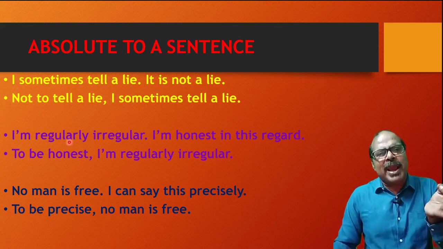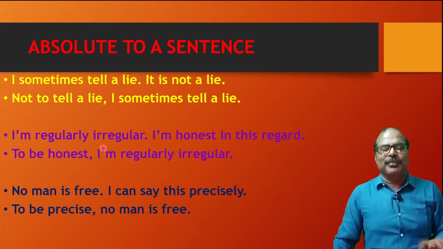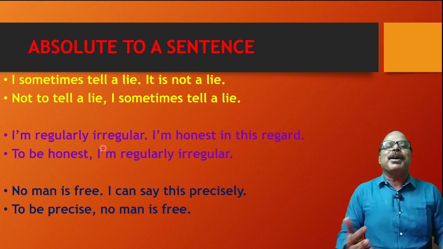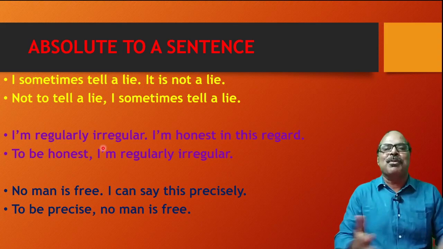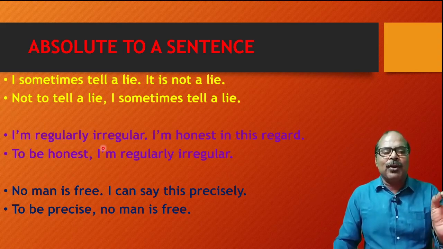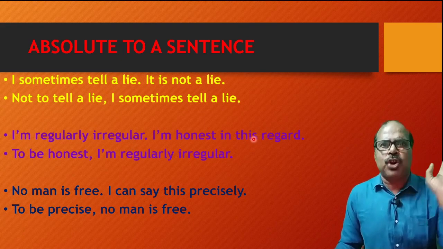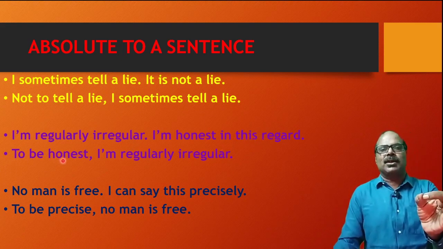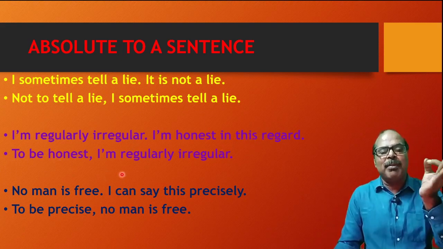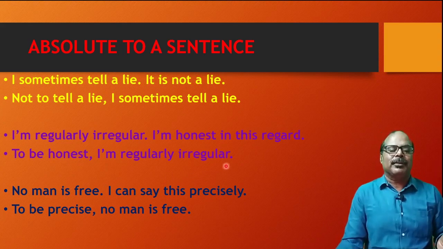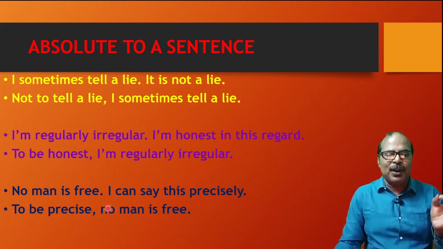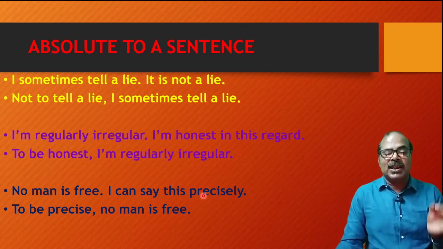Again, I am regularly irregular, oxymoron, regularly irregular, আমি নিয়মিতভাবে অনিয়মিত। I am regularly irregular, I am honest in this regard, আমি যেটা বলছি এর ব্যাপারে আমি সৎ। To be honest, I am regularly irregular. Next example, no man is free, I can say this precisely.